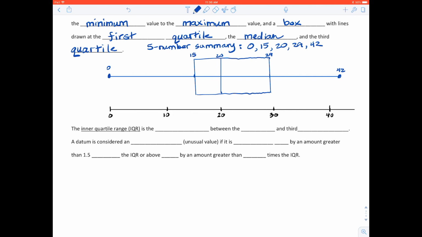So, denoted IQR, it's going to be the difference between the first and third quartiles.